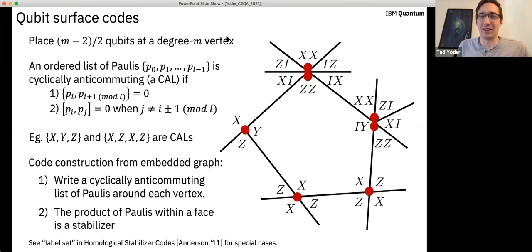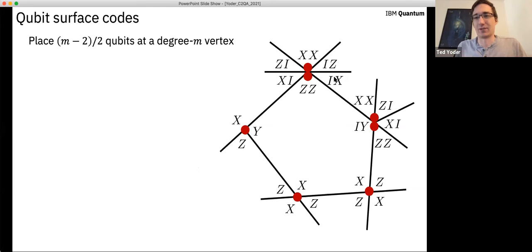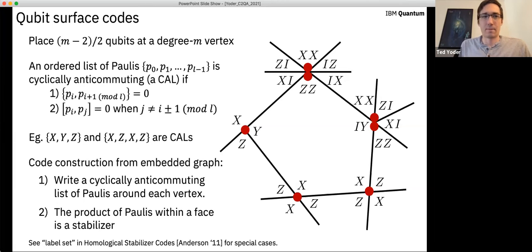So in the example on the right, let's just make sure that this is understandable. There's a degree 4 vertex down here. You can see my cursor. At degree 4 vertices, we place a single qubit. At degree 3 vertices, we also place a single qubit. But when you go to degree 5 or degree 6, you place 2 qubits. Degree 7 or degree 8, you would place 3, etc.